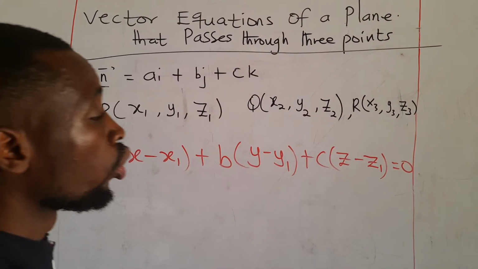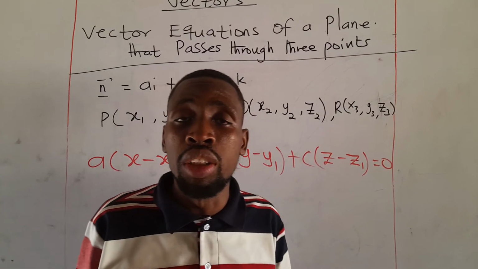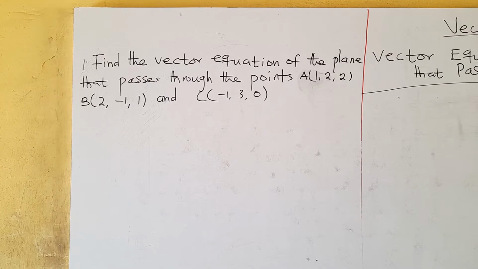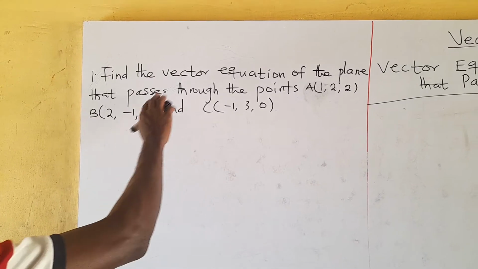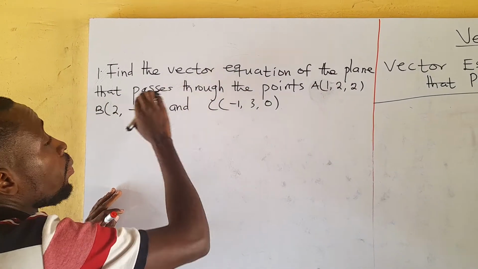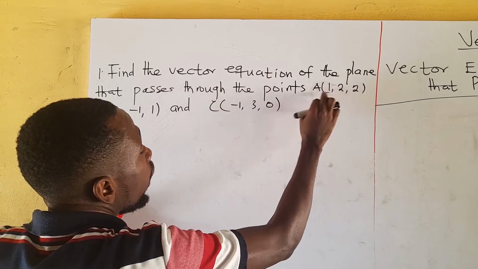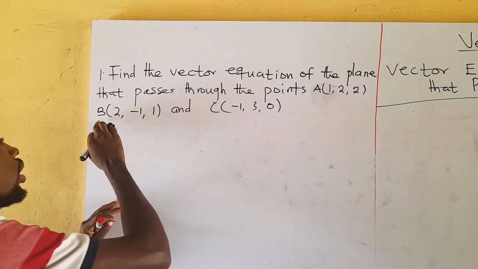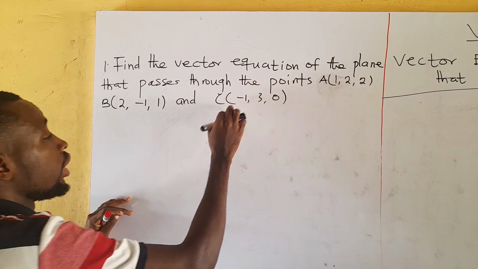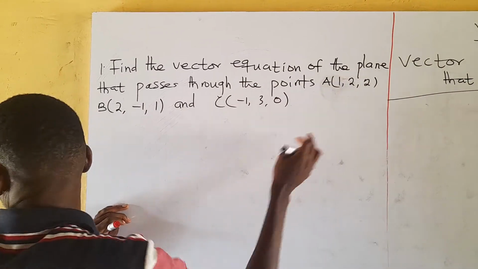So we'll take some sample questions, then we'll see how we'll put this into practice. Let's solve our first question. Find the vector equation of a plane that passes through the points A (1, 2, 2), B (2, negative 1, 1), and C (negative 1, 3, 0).